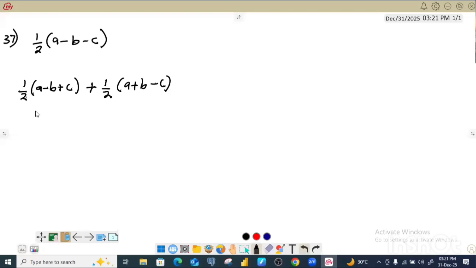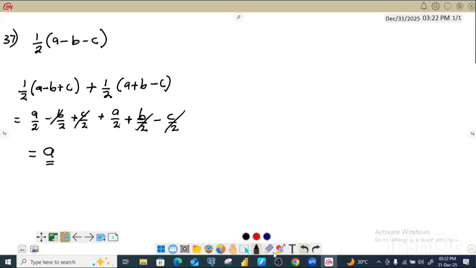Let's open the brackets. Dealing with this, if you open the bracket, you are going to have minus B over 2 plus C over 2. Now we have plus here, so A over 2 plus B over 2 minus C over 2. The B over 2 cancels the B over 2, so we only have A. The answer will be A. So we have to subtract this particular one from it.